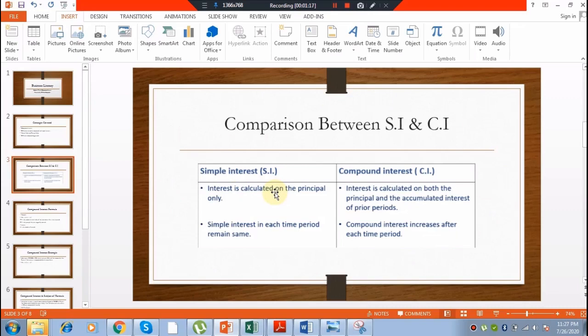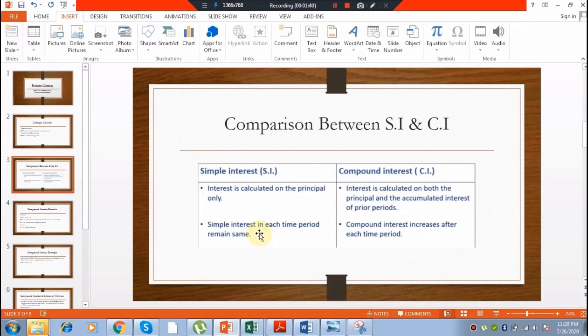So interest is constant for the duration of the investment. Simple interest in each time period remains the same. Just to preview, the previous video is going to show you how to calculate simple interest.